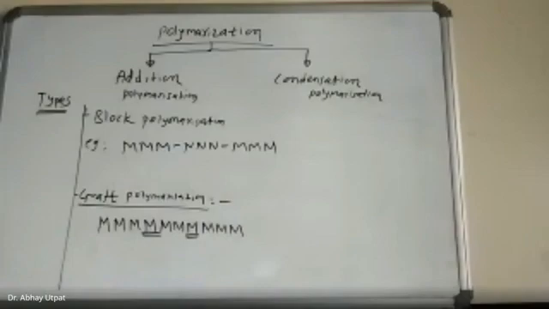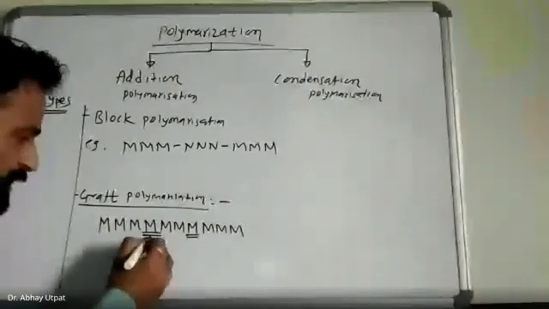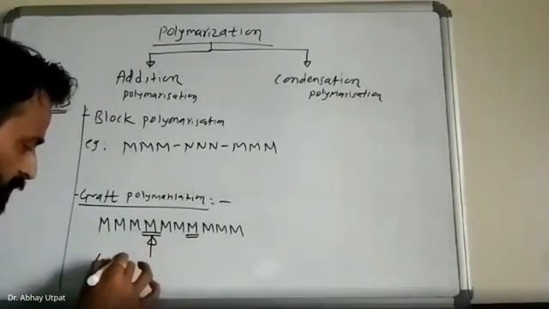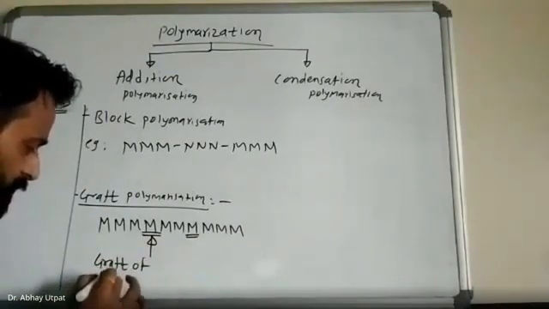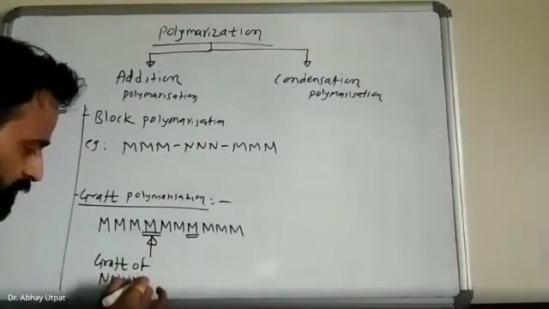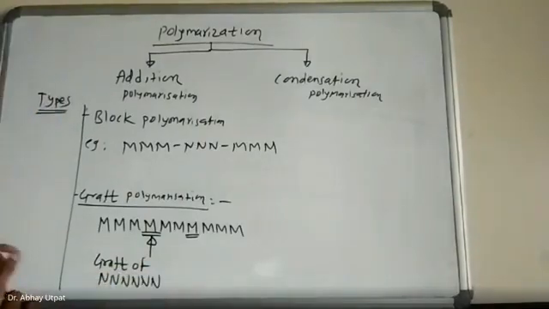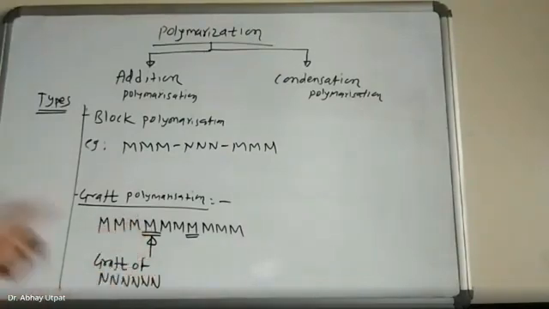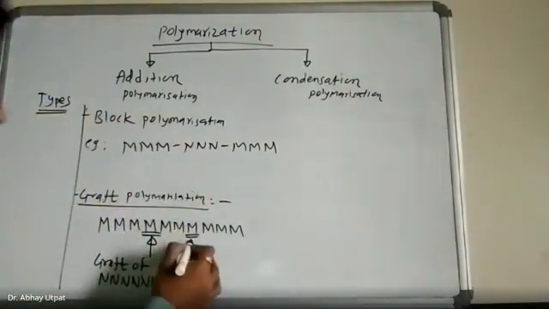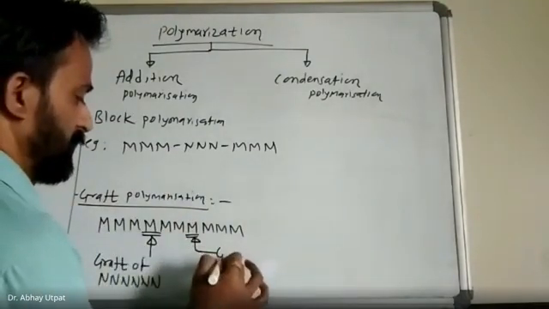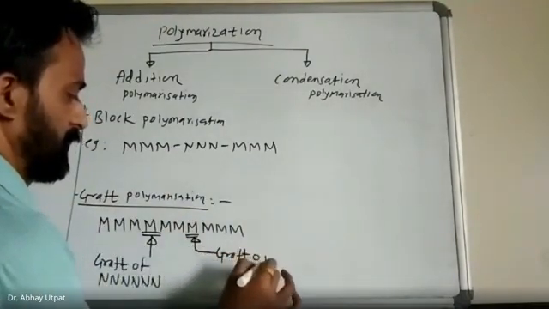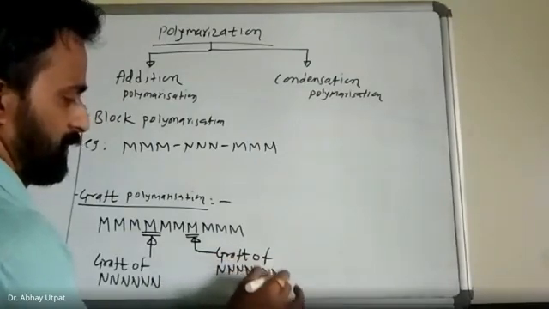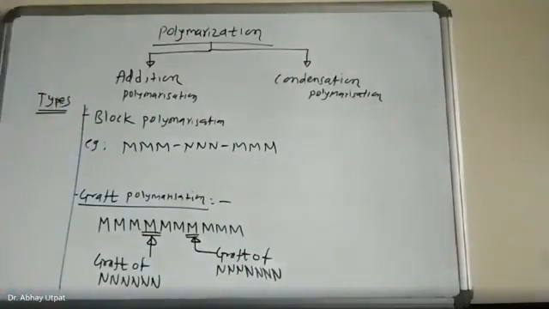Actually, one M is a graft of many N's. This is represented only by a single M. Actually, it is a graft group of a number of N's. In this way. Very simple to understand.